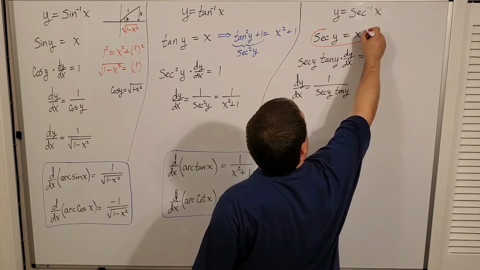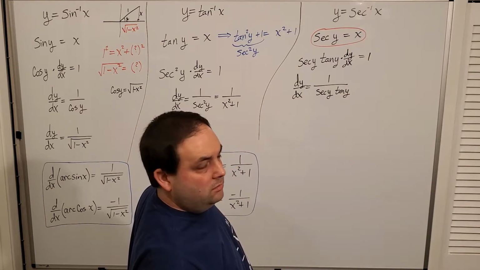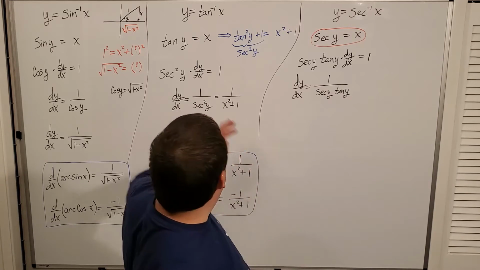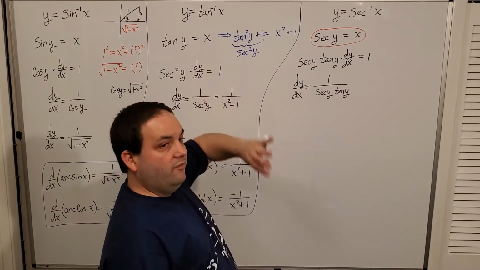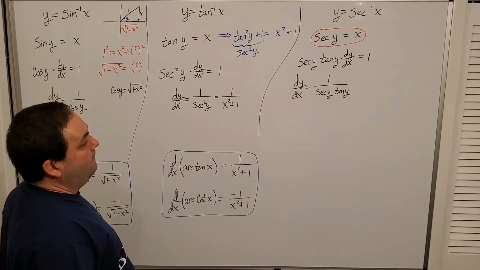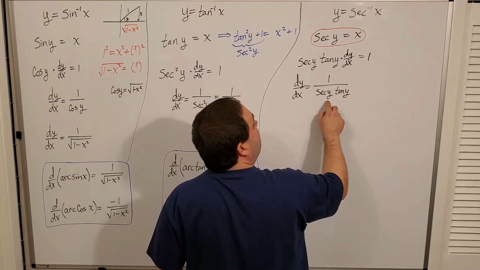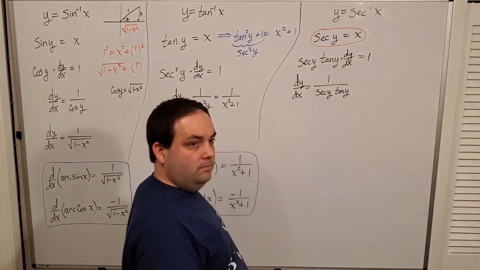Now right here, I'm going to be a little bit careful, okay? I need to start being a little bit careful with the secant here because the sine and the tangent over here were odd functions and they worked kind of differently, okay? But right here, if I were to actually plug the y into here, I would be doing the secant of the inverse secant, okay?